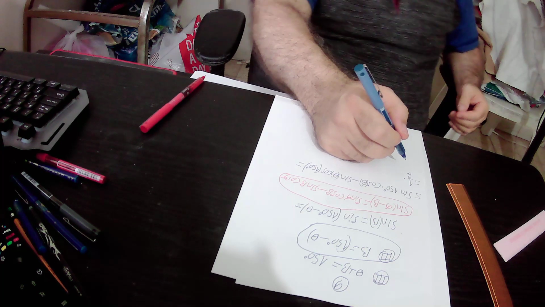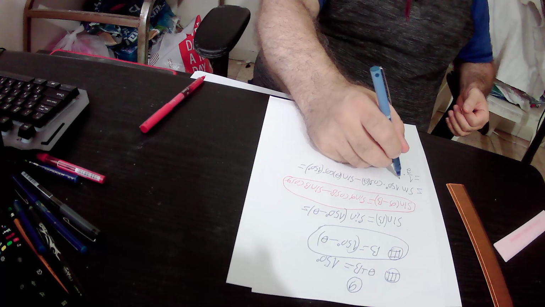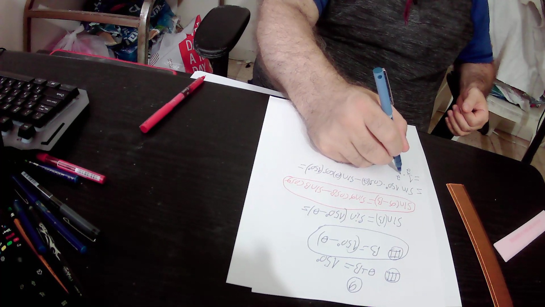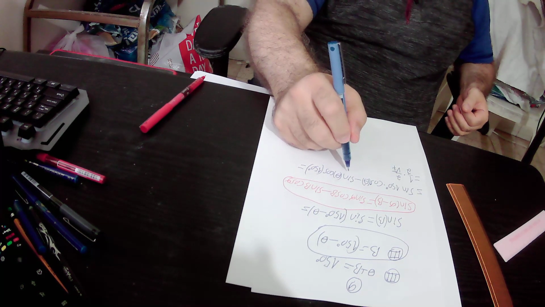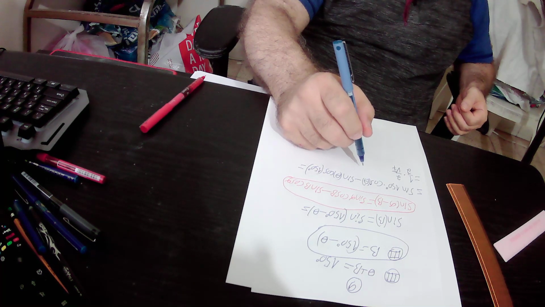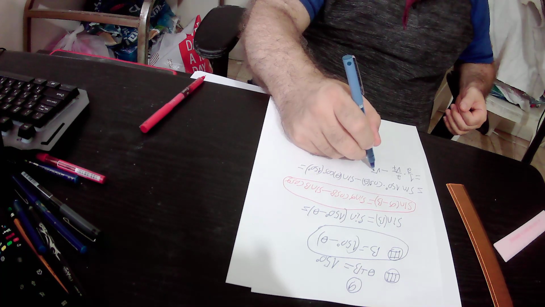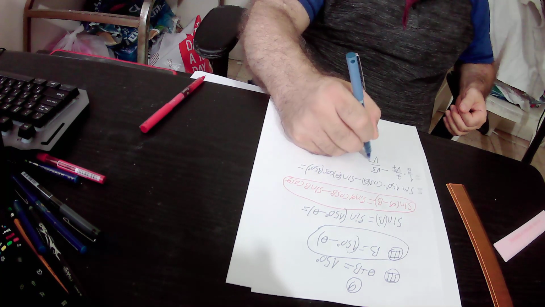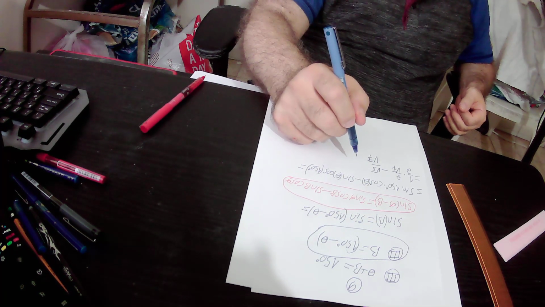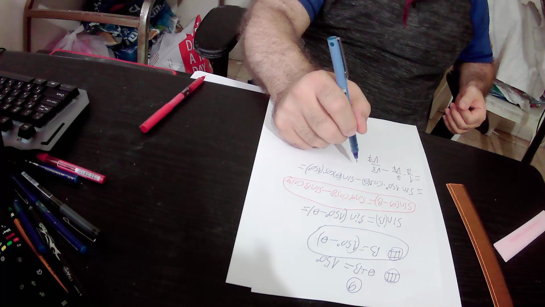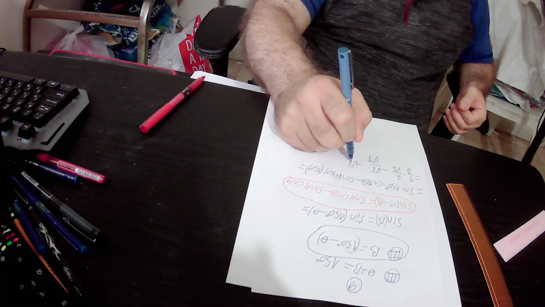We have already found out that cosinus theta equals 2 over root 7. So it is minus sinus theta. We also found out that sinus theta equals root 3 over root 7, times cosinus 150 degrees, and the value of cosinus 150 degrees equals minus root 3 over 2.